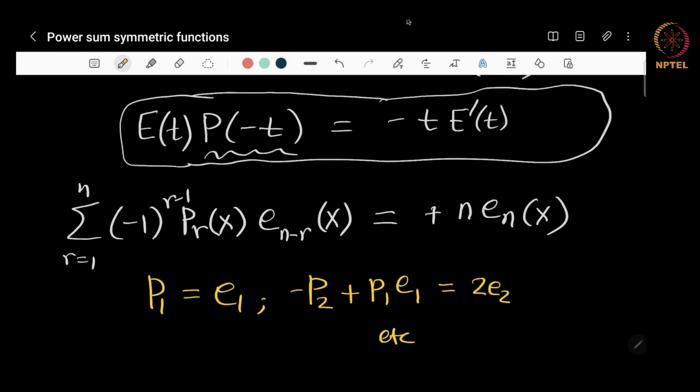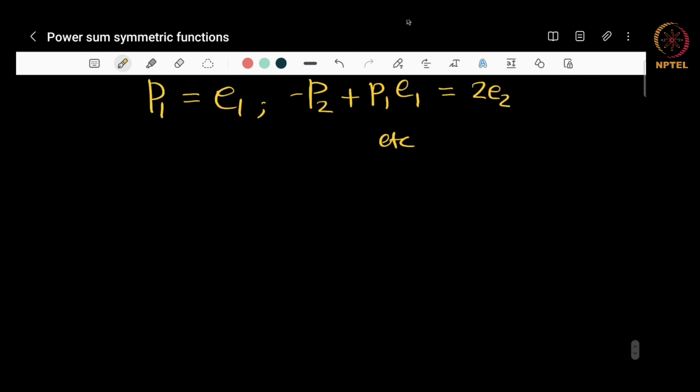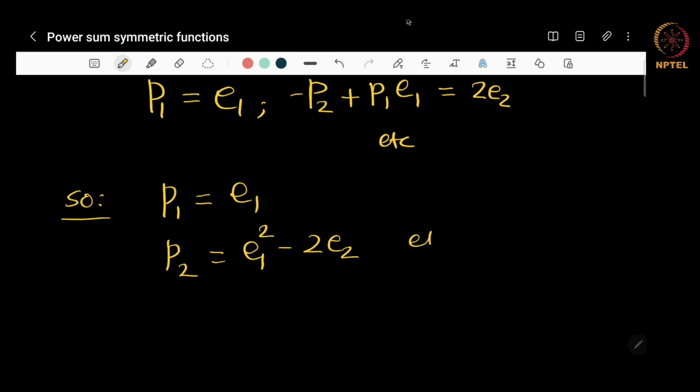Now what we can do is solve for the P's in terms of the E's recursively. So what you'll get is the following. From the first equation I already know P1 is the same as E1. And from the second equation, P2 turns out to be E1 squared minus 2 E2, et cetera.